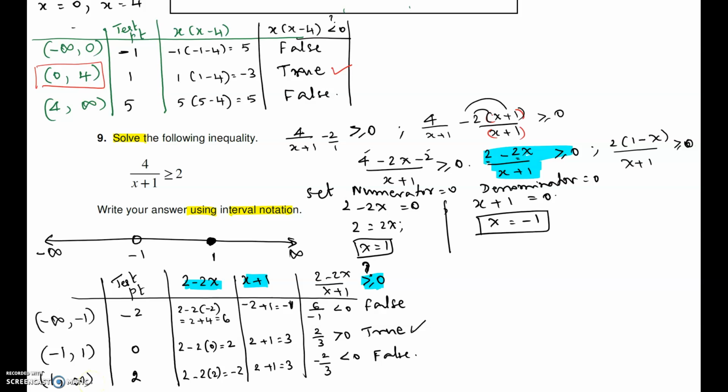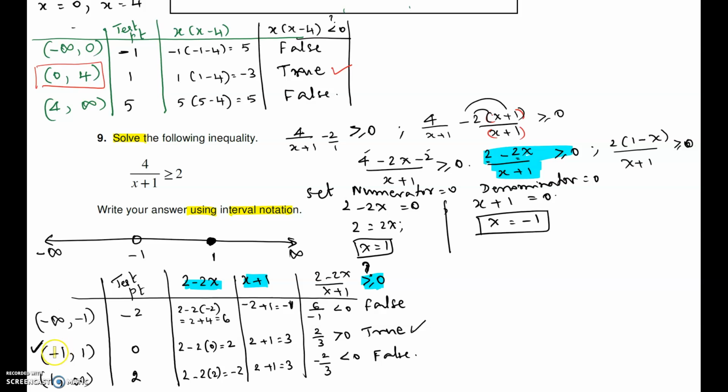Plugging into 2 minus 2x gives a negative value, and plugging into x plus 1 gives a positive value. So if we divide one by the other, the ratio is less than 0, and it is false. So the only interval where it is true is -1 through 1.